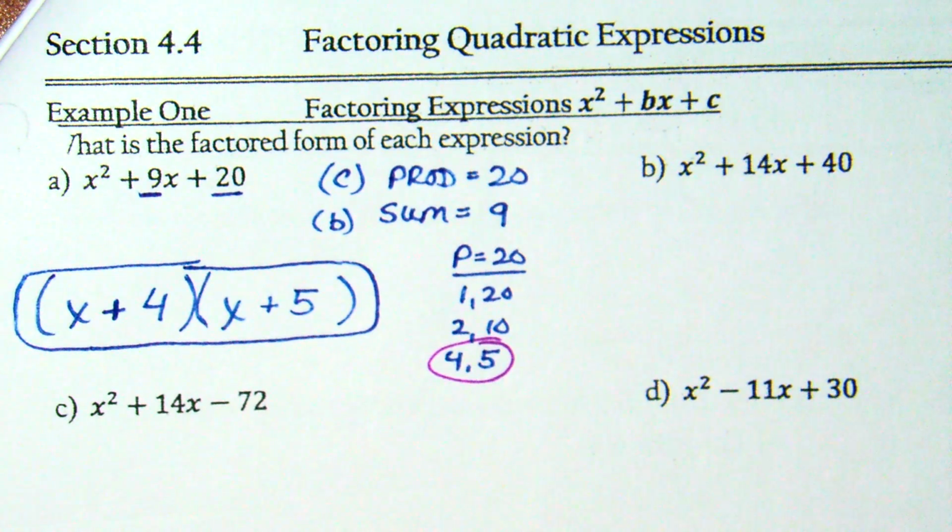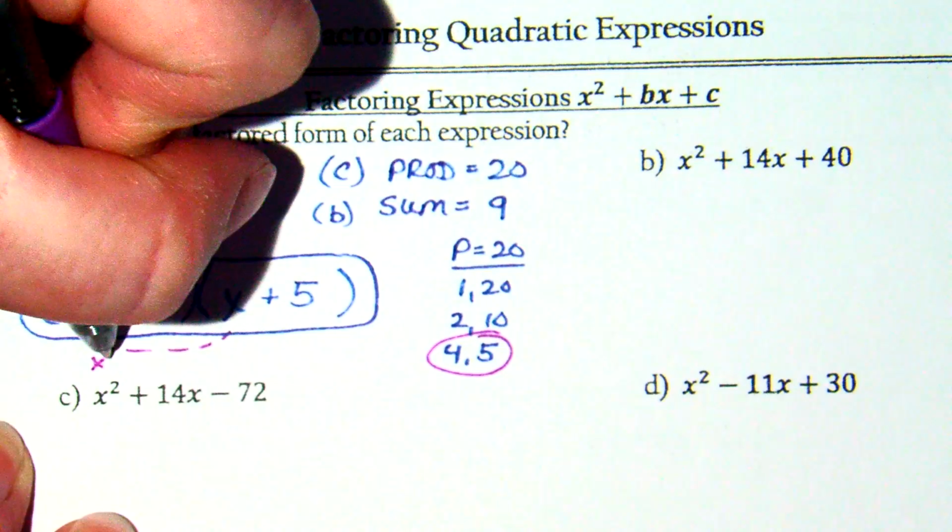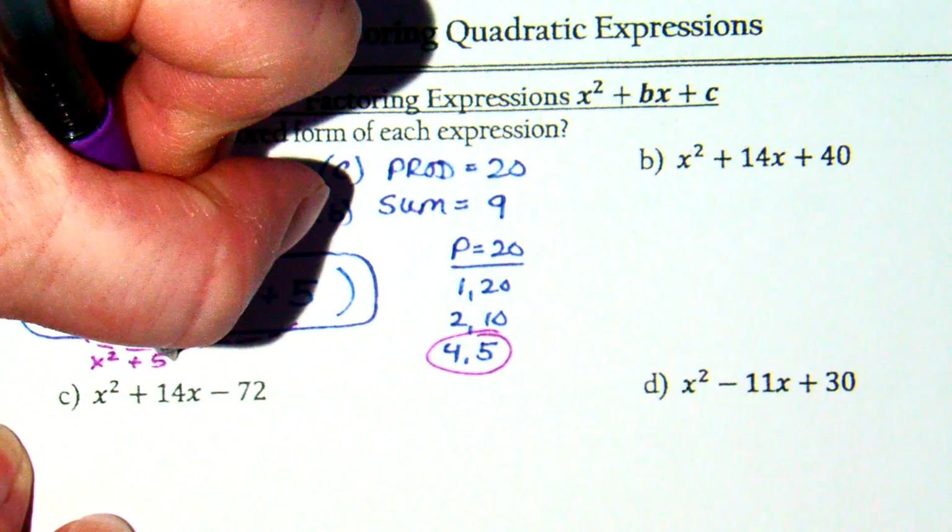So you start off with x times x, which is x squared, and then it's x times 5, which is 5x, and then after you multiply that x by both pieces in the other parenthesis, you also do the same with 4.